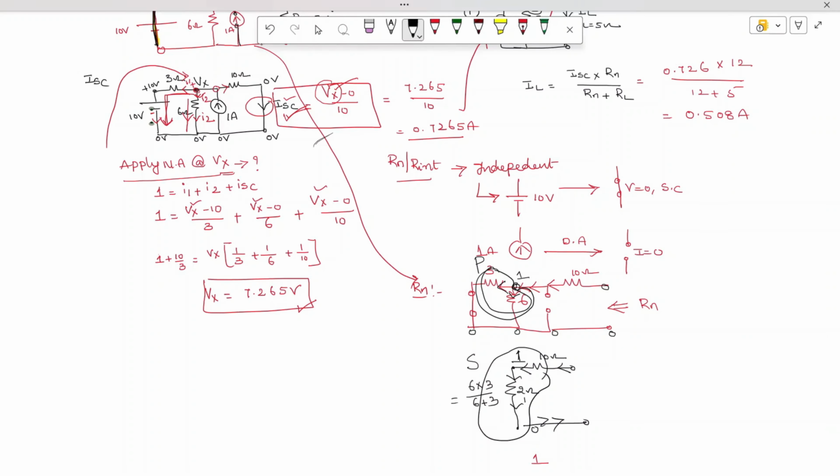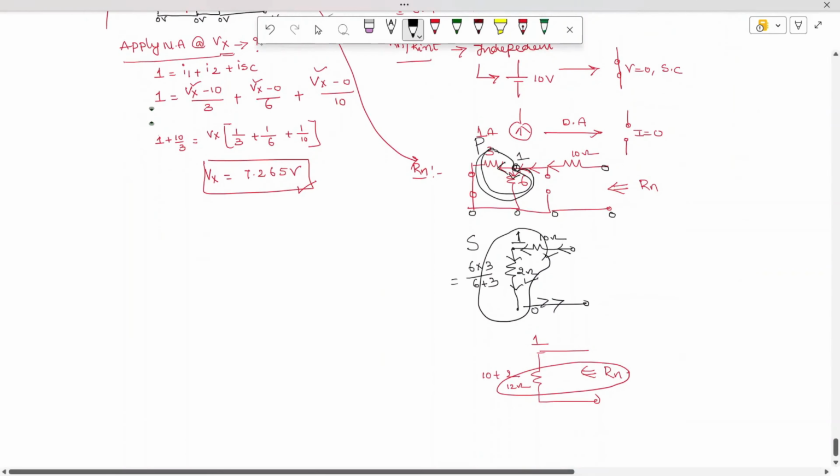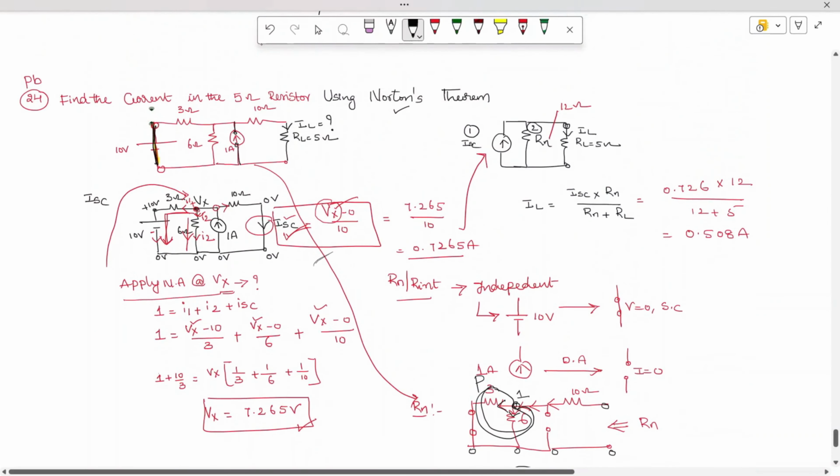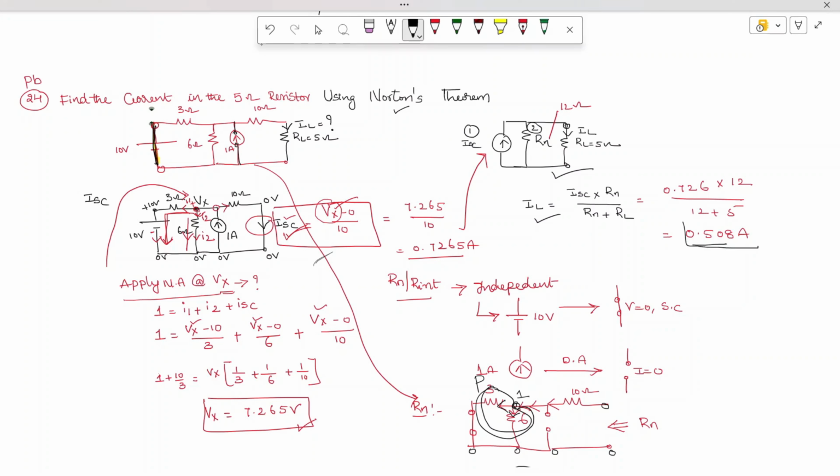So the parallel value is 2 ohm and the already existing one is 10. Again these two are connected in series. So substituting all these values here, you can find out the load current for the given problem. So this is how we get the solution using Norton's theorem. You can use the conventional method of finding the solution also, but this is the way of finding it using Norton's theorem.